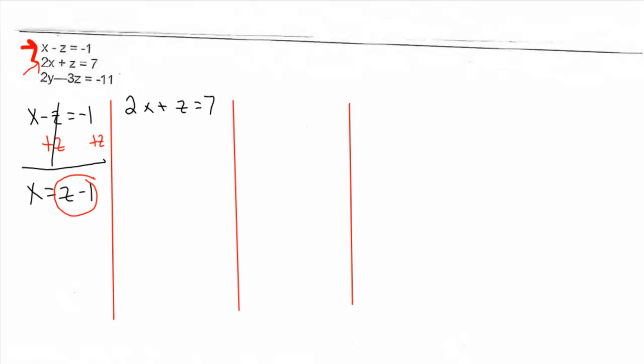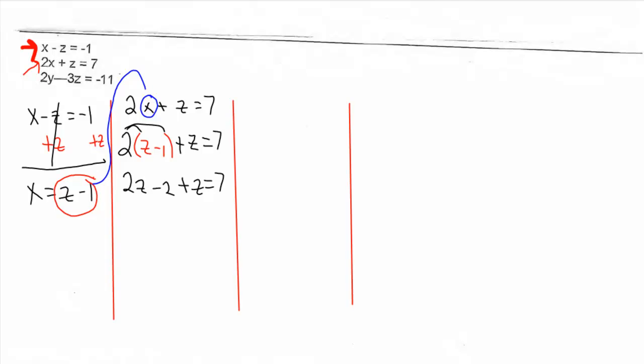So anywhere I have an x in the second equation, I'm going to substitute it with z minus 1. And this will go in parentheses. My hope is that I have another letter that I've solved for. So distributing the 2 throughout the parentheses, we get 2z minus 2 plus z is equal to 7.